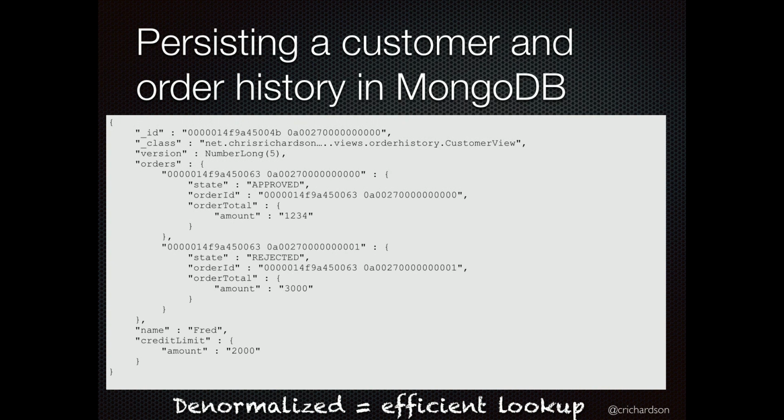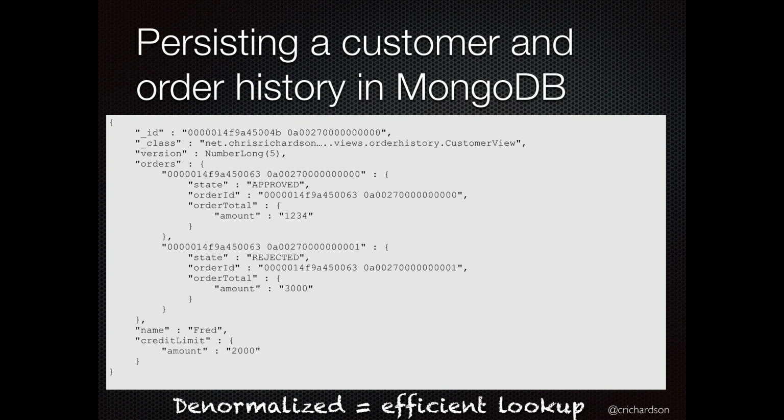In MongoDB, there's a document representing the customer, and that document has an order attribute that's a list of their recent orders. And you could imagine there's code that's subscribing to the order events and customer events, and keeping this document up to date.